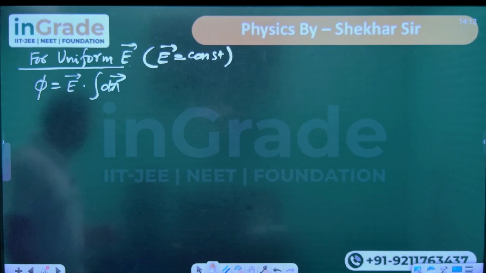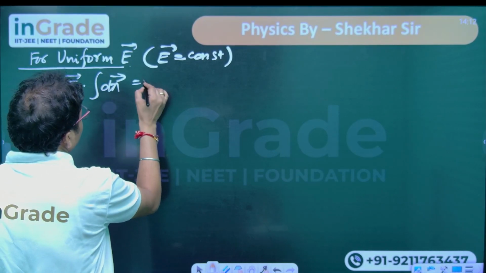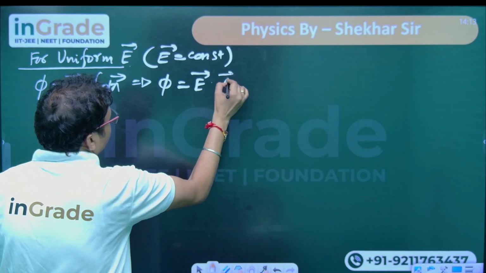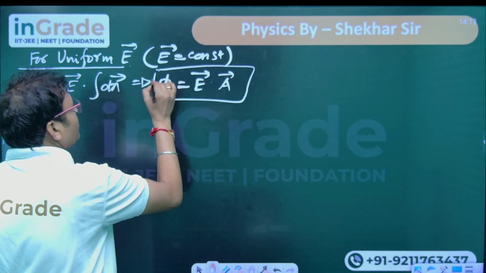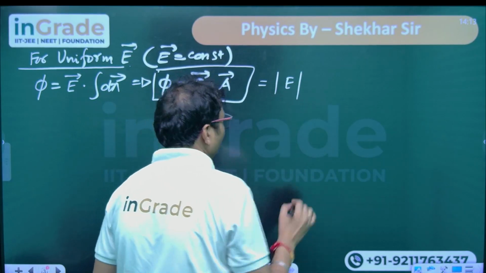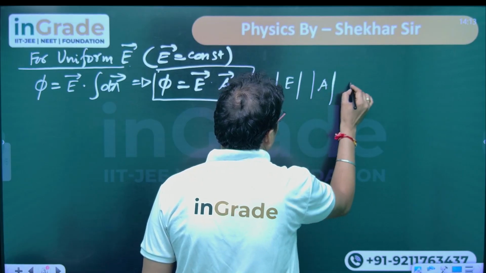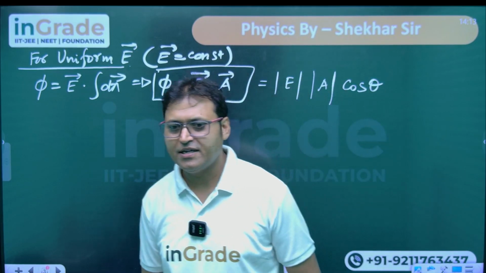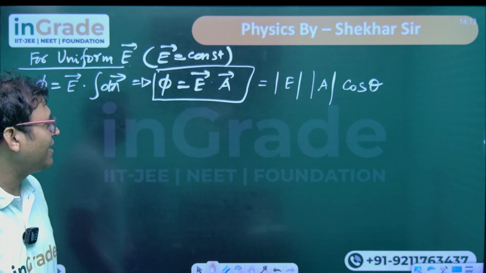E will be taken outside the integration, so phi will be equal to E dot A, the dot product, or the magnitude of E multiplied by the magnitude of area into cos theta. Theta is the angle between E and A.